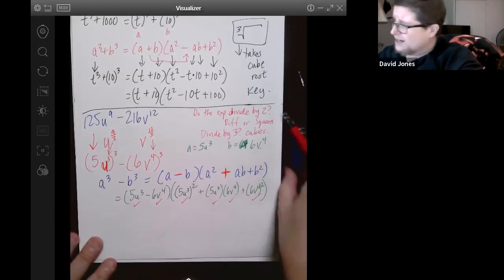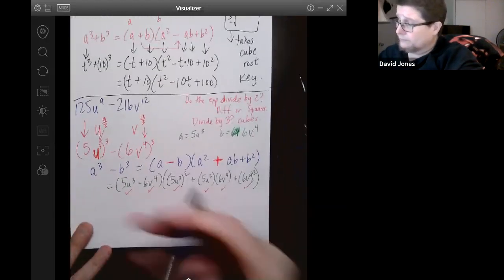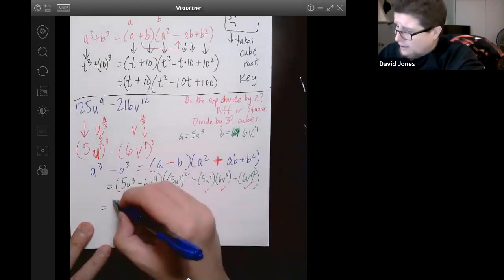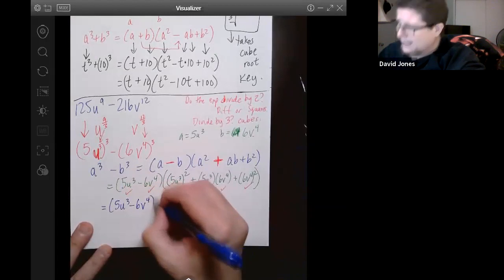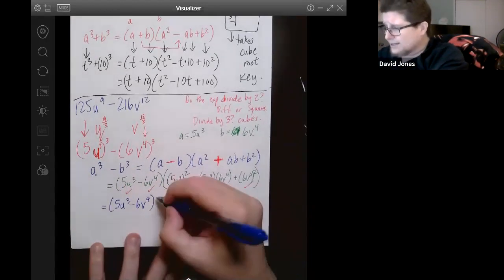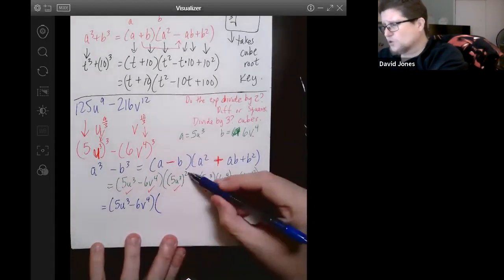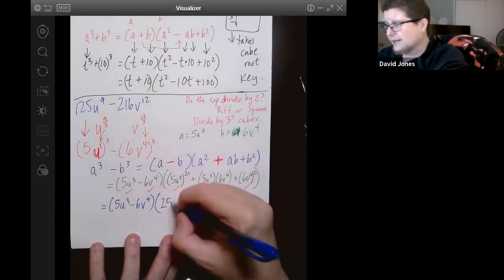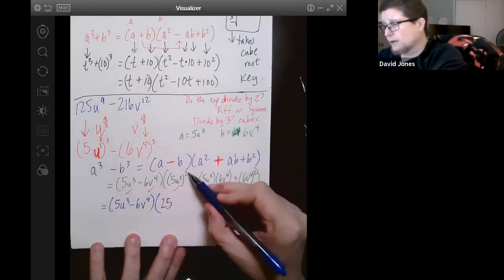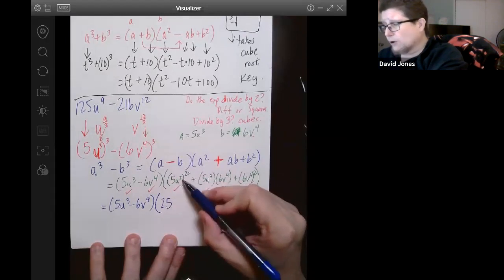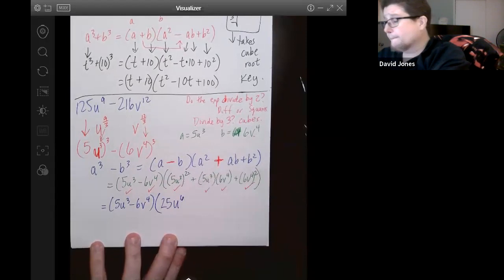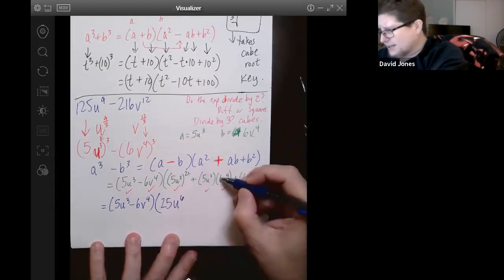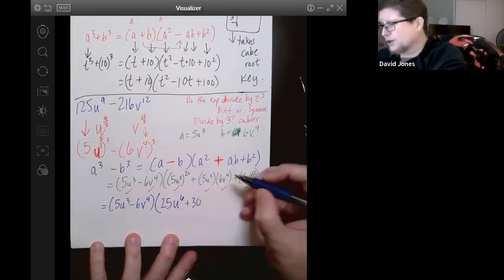Now that I've done that, I'll clean it up some. 5u cubed minus 6b to the fourth power. That doesn't clean up. But the second one, 5 squared is 25. U cubed squared, remember when we got a power on the inside and a power on the outside, we multiply the powers. This is u to the sixth power. 5 times 6 is 30, so plus 30.